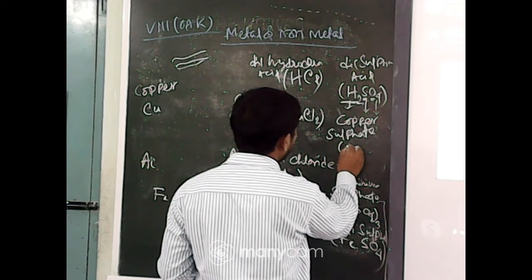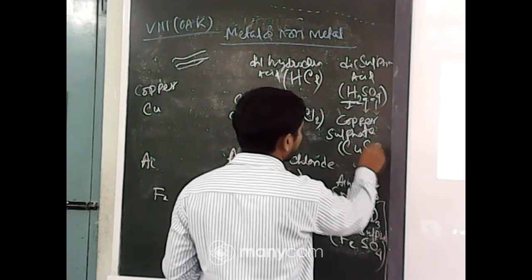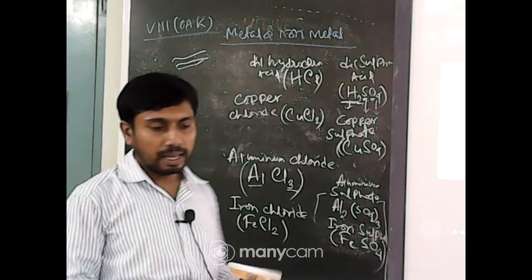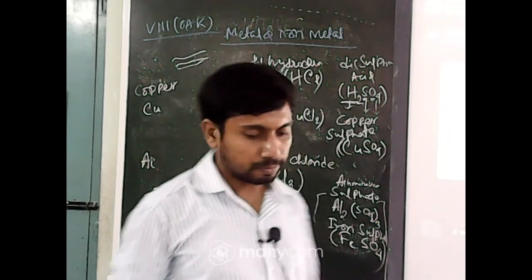Valency of iron may be 2 or 3. One is ferrous. I have already told you about the valency.